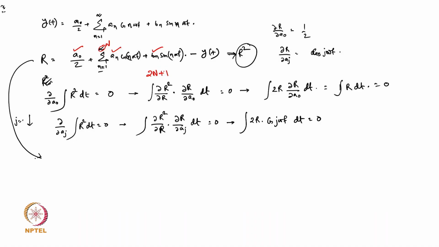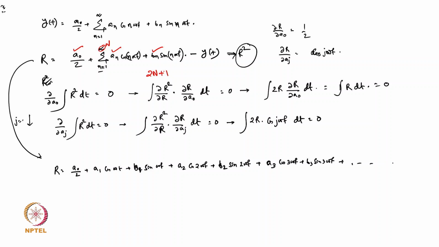Okay, now let's write the R. R will be A0 by 2 plus A1 cos omega t plus B1 sin omega t plus A2 cos 2 omega t plus B2 sin 2 omega t plus A3 cos 3 omega t plus B3 sin 3 omega t, and so on.